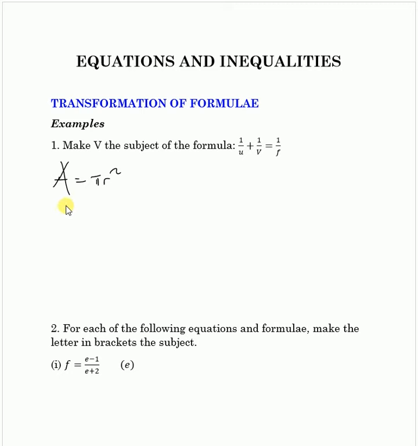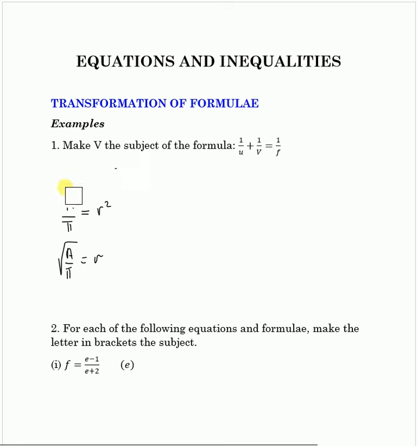So you have A over pi, we divide through by pi, so that will remain with r alone. And now that this r is squared, you can get a square root on both sides. So you have the square root of A over pi equal to r. By doing that, it means that you have made r the subject of the formula.